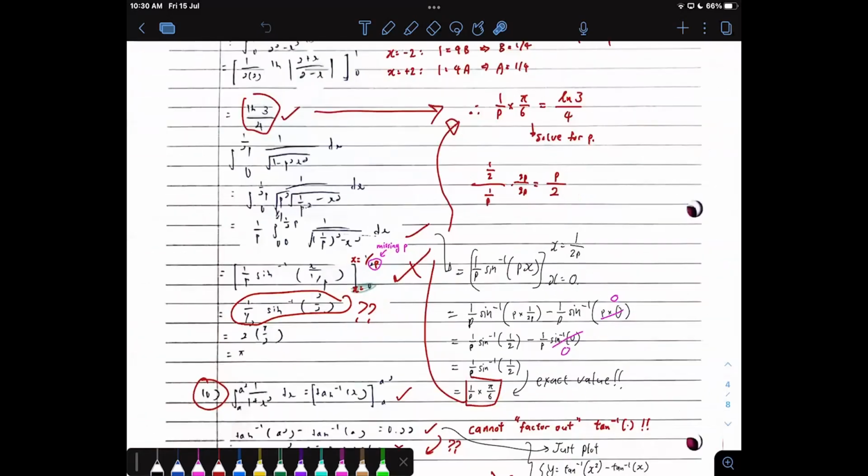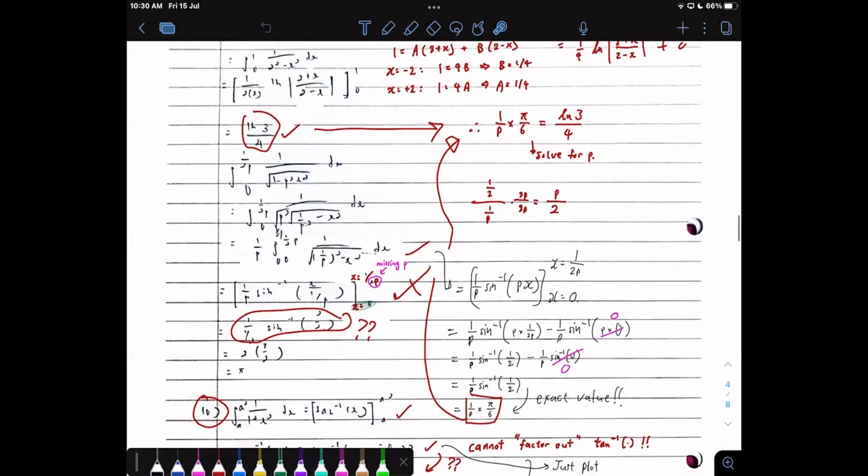And also, let me see what was the other thing. The other thing is that you did something a little bit funny. You factor out a p square. So at first we already got a very nice 1 here already, but you factor out a p square. So you get 1 over p square minus x square. That's okay.